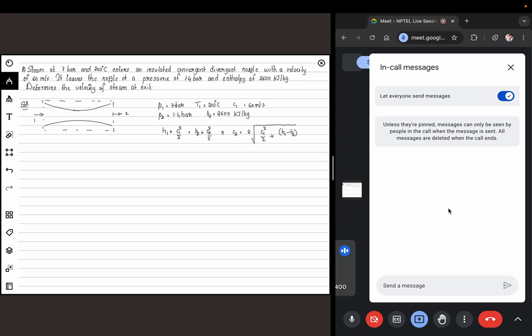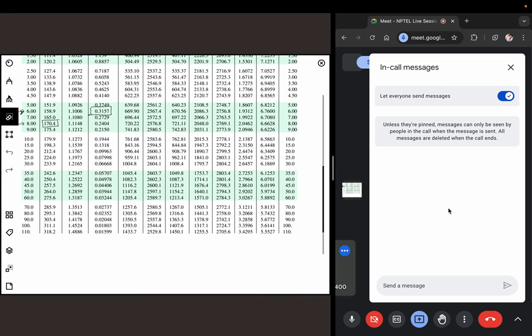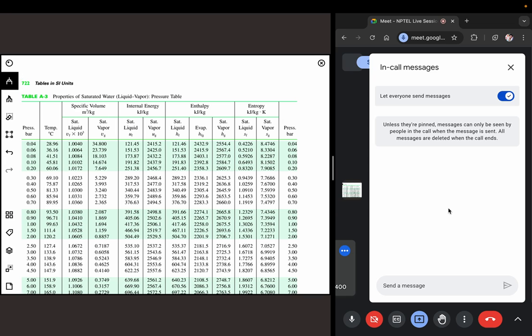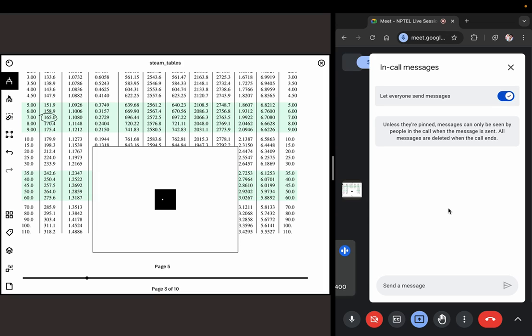So 7 bar and 200 degrees Celsius is in the superheated region. I'm not going through much of the details again, so we'll directly go over to the steam tables. At 7 bar your saturation temperature is 165, but the temperature given in the problem is 200 Celsius, so you have to refer to the superheated steam tables.